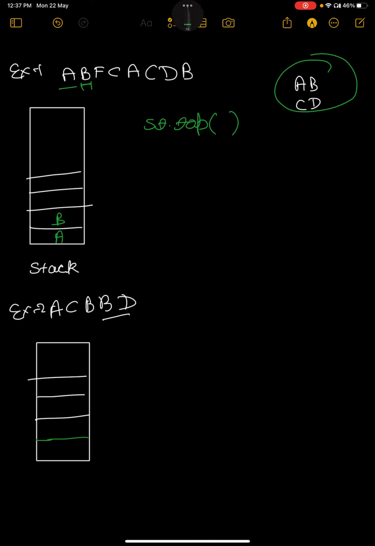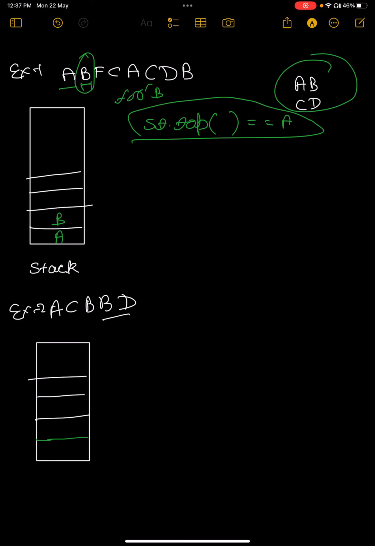If you want to remove AB, and you are getting B as your ith character, then you simply check what is your top element.